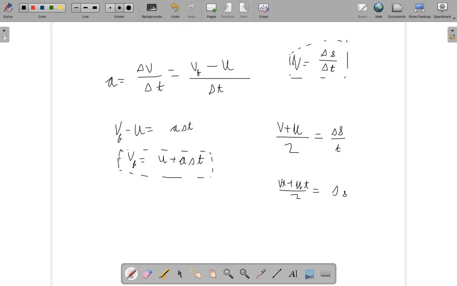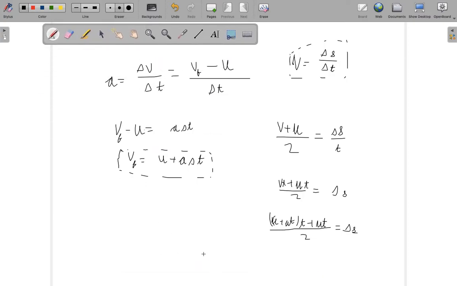Note we have our final velocity term in terms of initial velocity and acceleration. So we can sub that in for our final velocity over here, and we end up with u plus at, times t, plus initial velocity times time, divided by 2, equals the change in displacement.